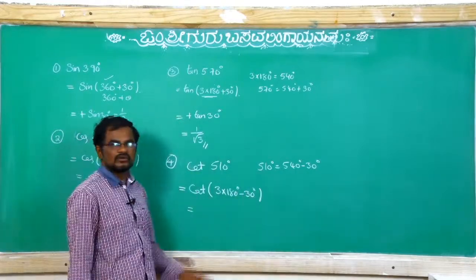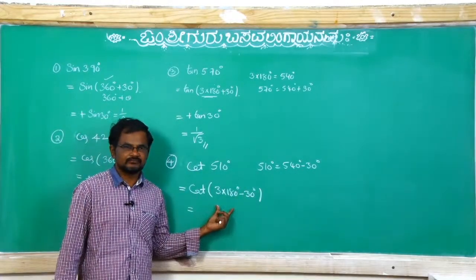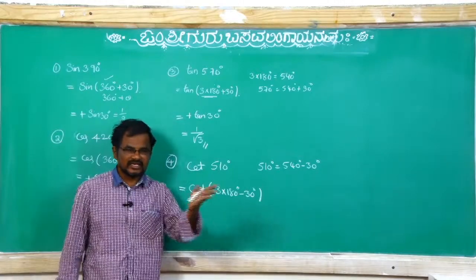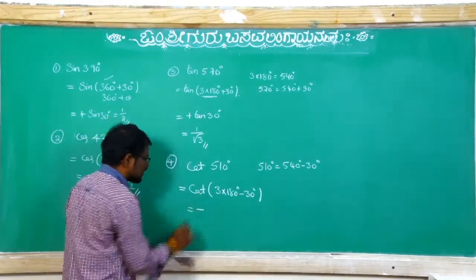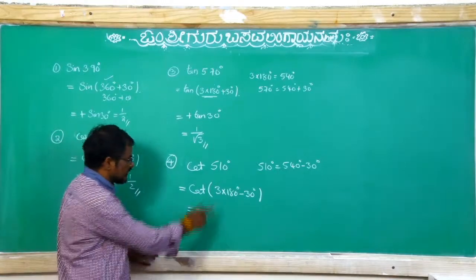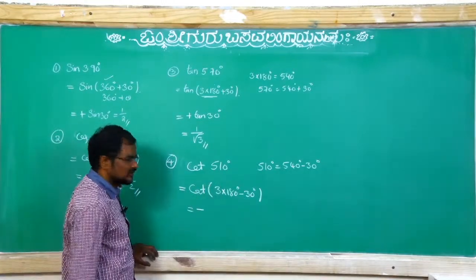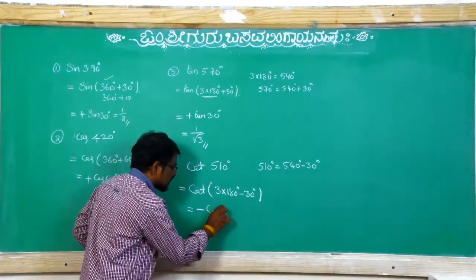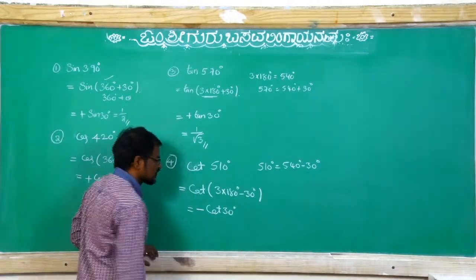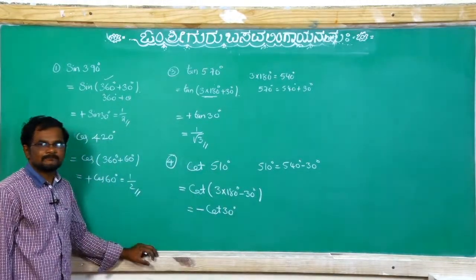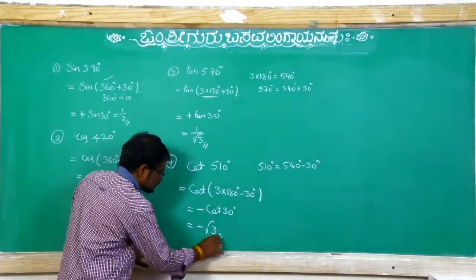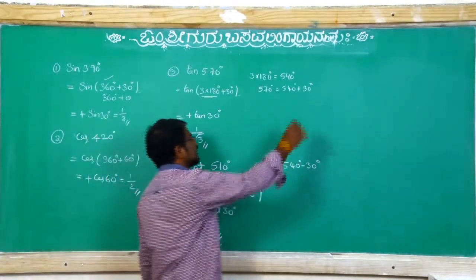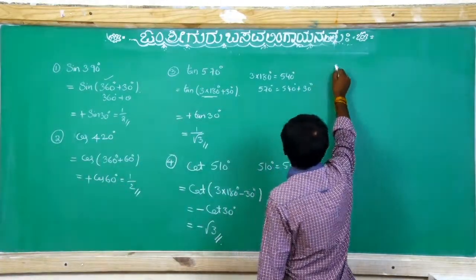Odd multiple of 180 minus, means 180 minus, which quadrant? Second quadrant. Second quadrant cot negative. At 180 cot does not change. So that is why cot 30 degrees. So cot 30 is root 3. So minus is there. So minus root 3.